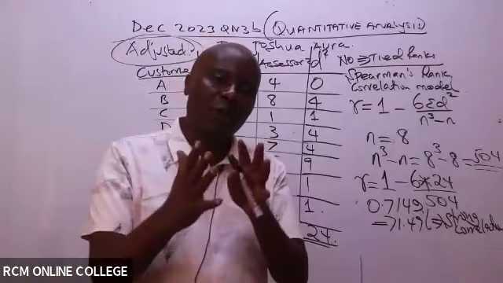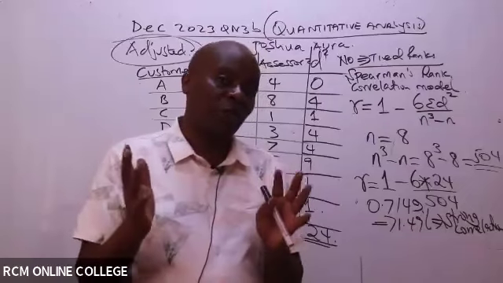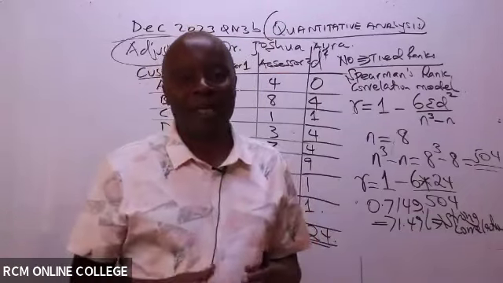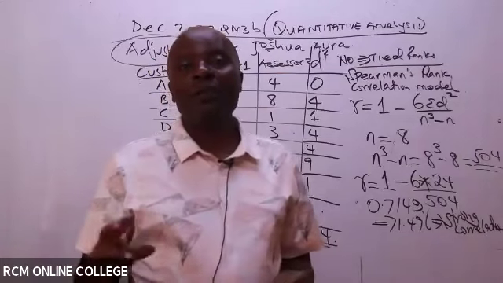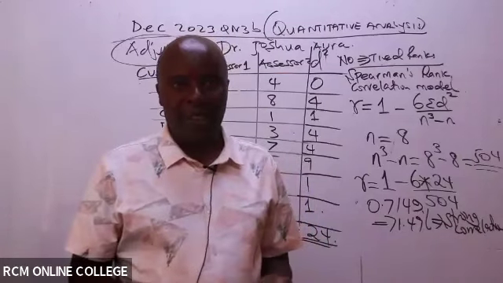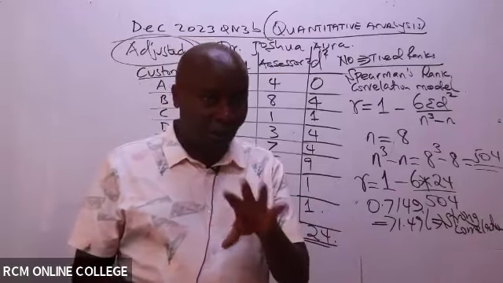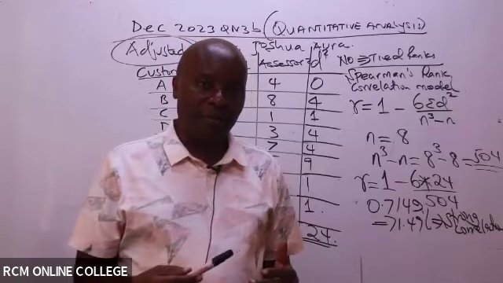Remember, correlation is a measure of association, from the word "co". Let me just give you a story. I know you guys are quite young, but for those who are a little bit older, maybe 30, 32, 33 years, you are still youthful, but age is catching up.